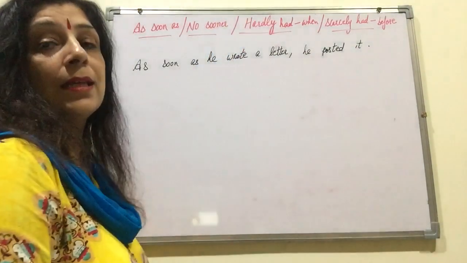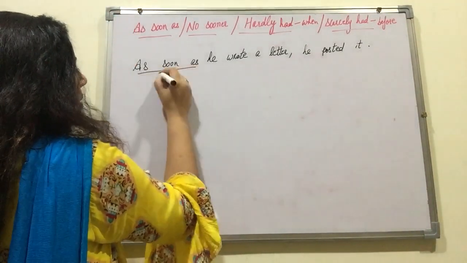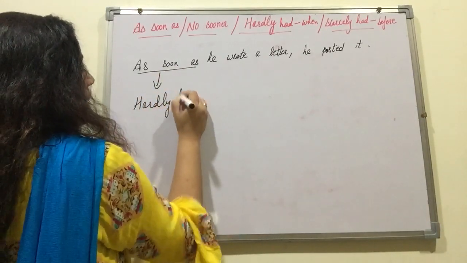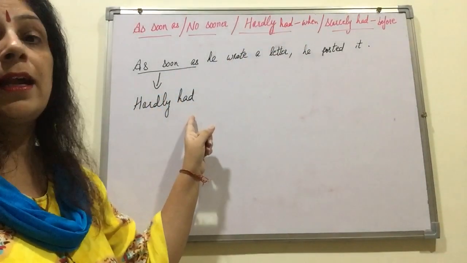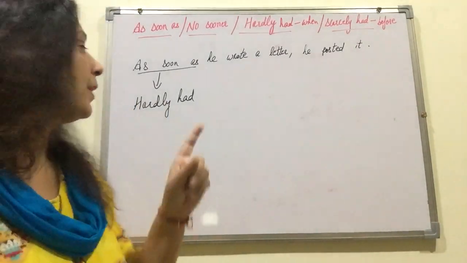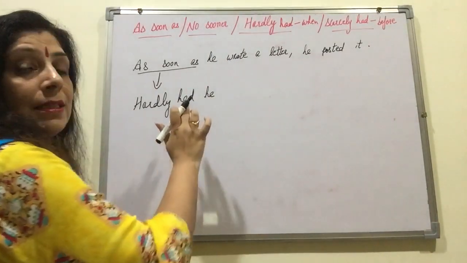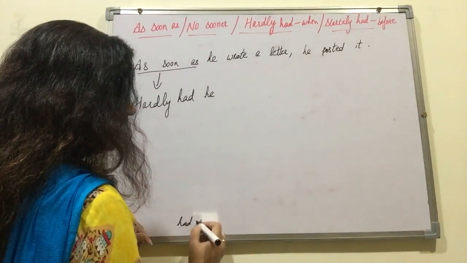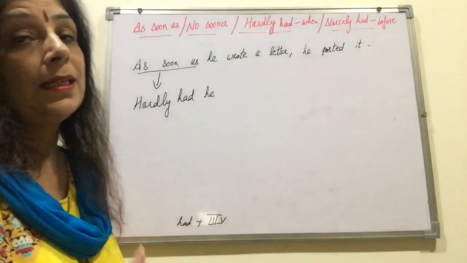Now today I am going to discuss how we will be changing into hardly. As soon as changes into hardly had. Now remember, hardly always takes the word had with it. Second word, compulsory word with hardly is had. Hardly had he. Had always takes the third form of the verb, just as did always takes the first form.